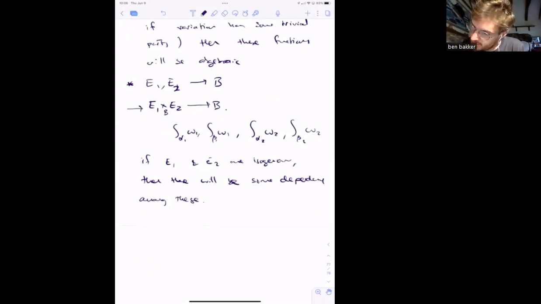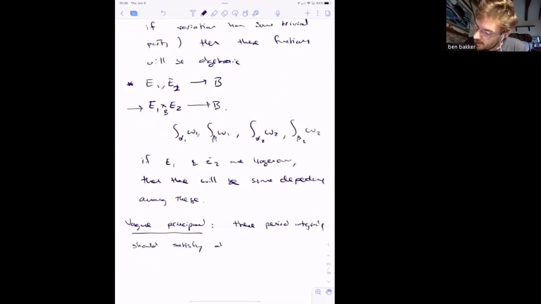So a vague principle: these period integrals should only satisfy algebraic relations that come from geometry.